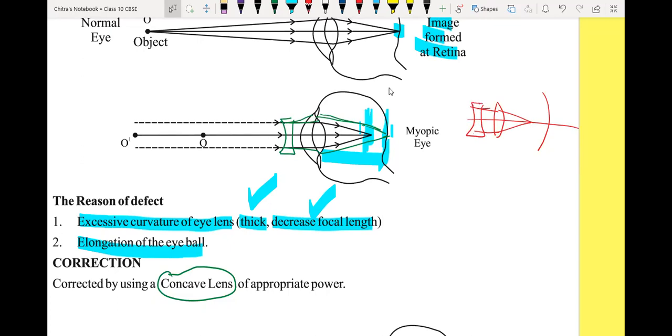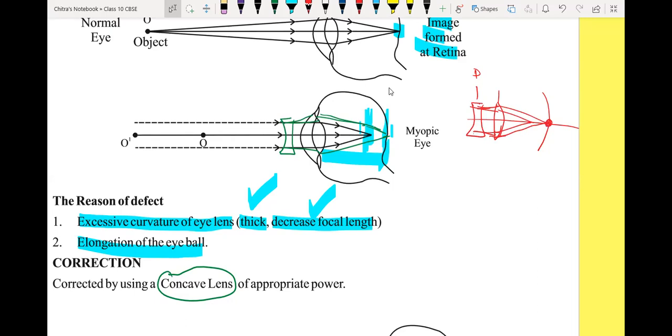So before falling on the eye lens, the light rays reach here due to the divergence, and then the eye lens converges them at the retina, and the image forms over here.